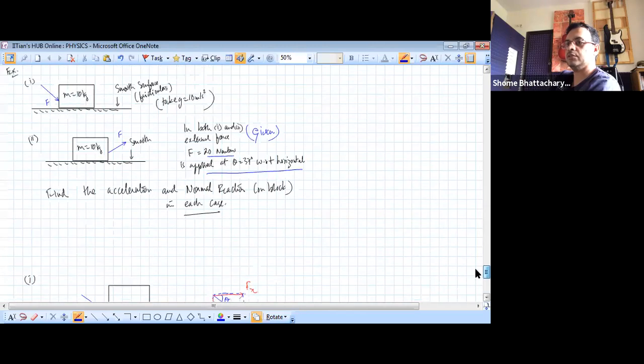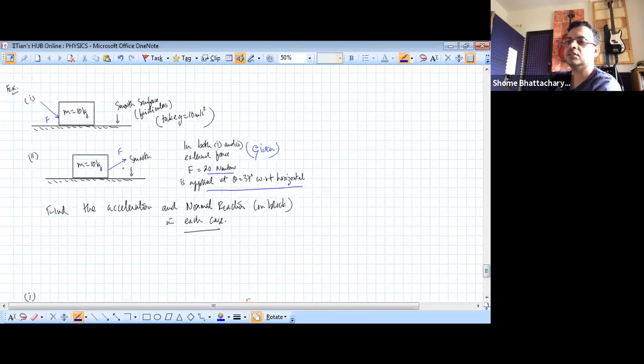Okay, so in the second part of the question, you are applying a pulling force from this side, so that again its angle with the horizontal is 37. In both case 1 and 2, the external force of 20 newtons is applied at 37 degrees with respect to horizontal.